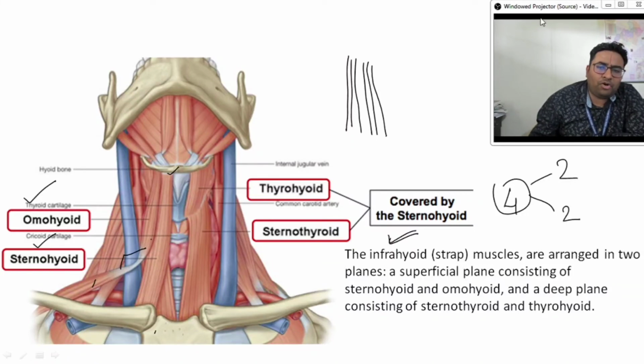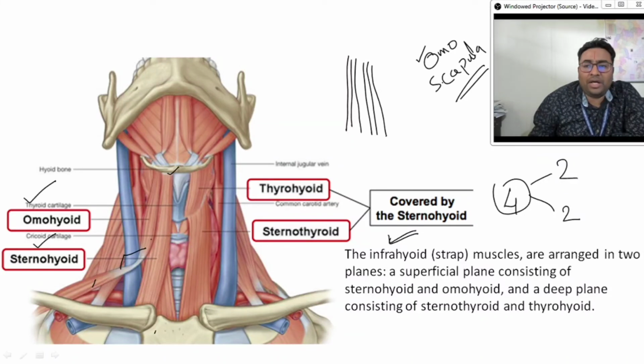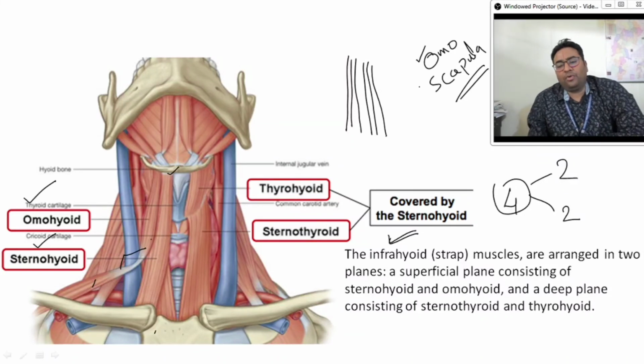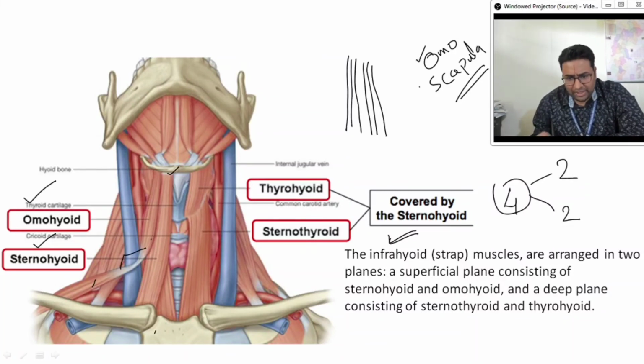The meaning of the word omo is scapula, so that muscle is from the scapula to the hyoid bone. We have to understand that. Now coming to the deeper group of muscles, that is sternothyroid and thyrohyoid. These are present beneath the sternohyoid muscle.